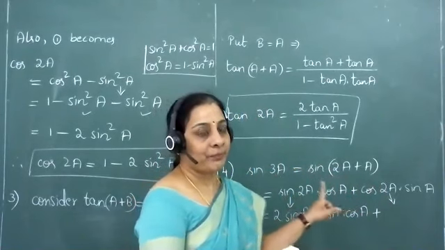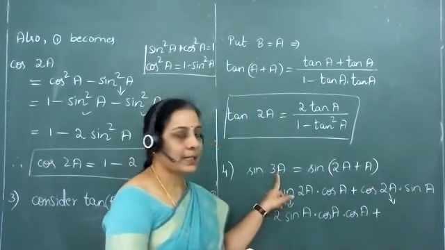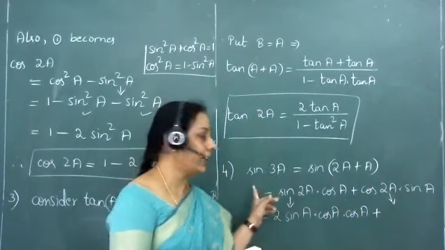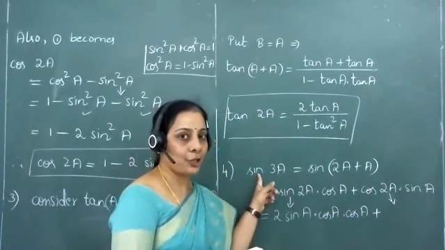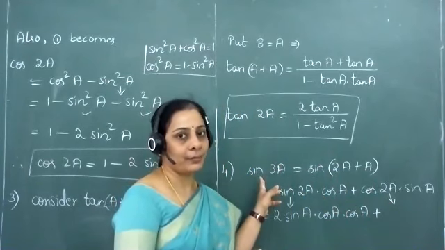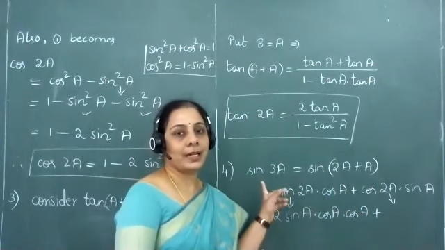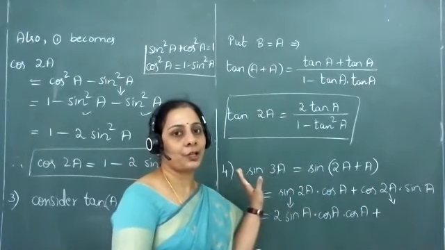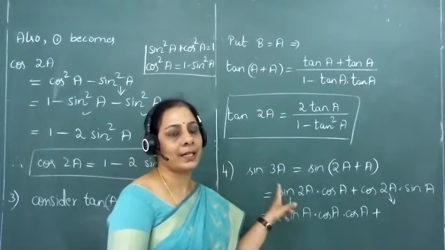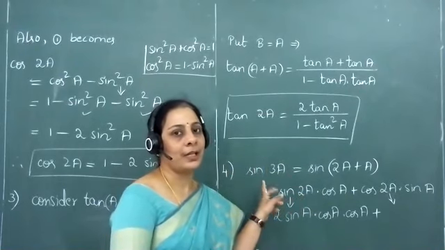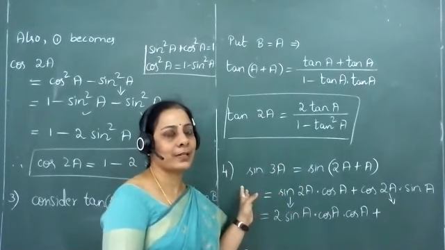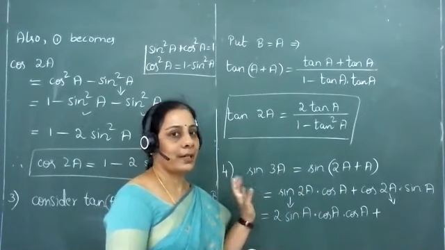So for that, I would suggest remember sin 3a in its formula will have all terms only in terms of sin ratio. There is no cos term involved in sin 3a formula. Likewise, in cos 3a formula, there is no sin ratio involved. So sin 3a will have its formula explicitly taken in terms of sin ratio. Likewise, cos 3a will have its formula explicitly written only in terms of cos ratio.